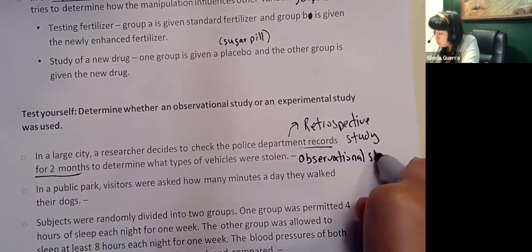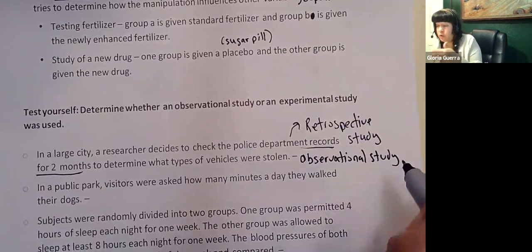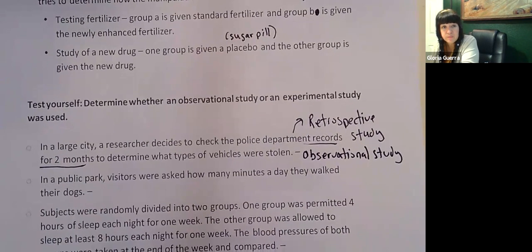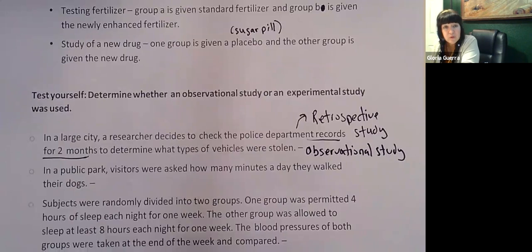So if you can fit it into one of those three, cross-sectional, retrospective, or longitudinal, then that lends itself more to observational studies. Next, in a park, visitors were approached and asked how many minutes a day they walk their dog.